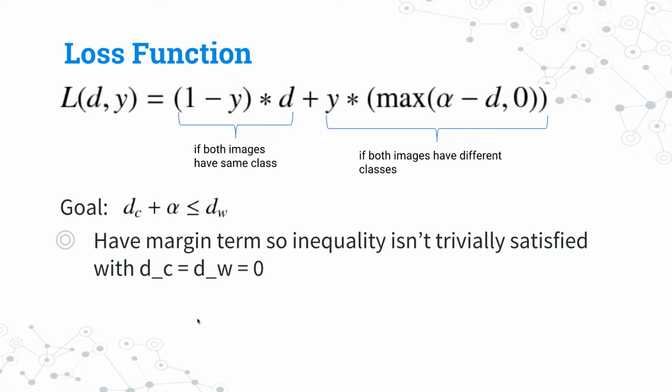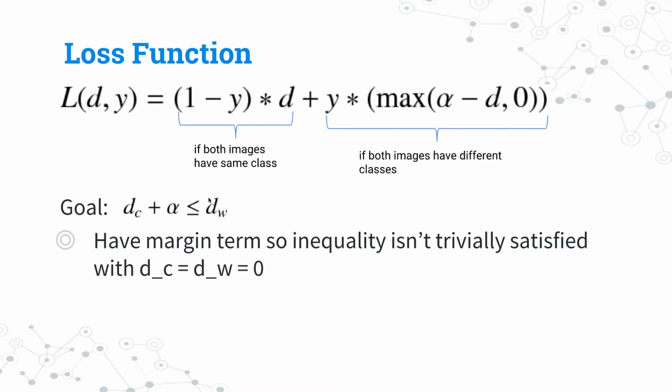Instead, we'll have a margin term alpha. So this is the margin term, and this is basically saying how much lower DC needs to be than DW for us to be satisfied. And the larger you set this margin term, the further apart you're trying to push the distance for images that are of different classes.